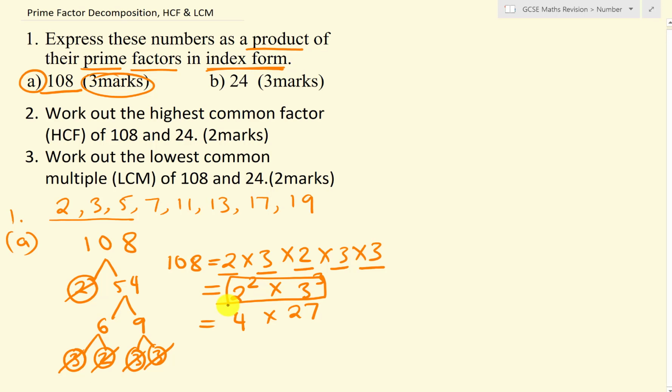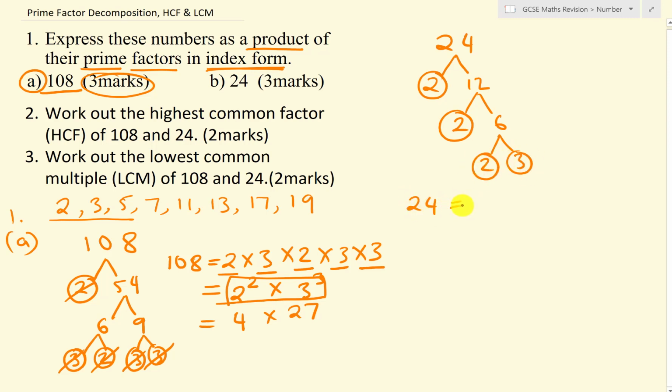Next, let's write 24 as a product of its prime factors. Again, use the factor tree. So two numbers times together give me 24, 2 and 12. 2 is a prime number, circle it. 12, 2 times 6 gives me 12. 2 is a prime number, circle it. 6, 2 times 3, both prime numbers, let's circle them. Now let's write 24 as a product of its prime factors.